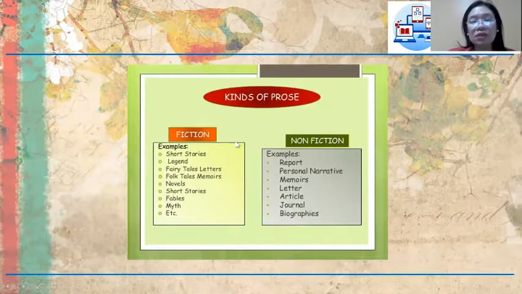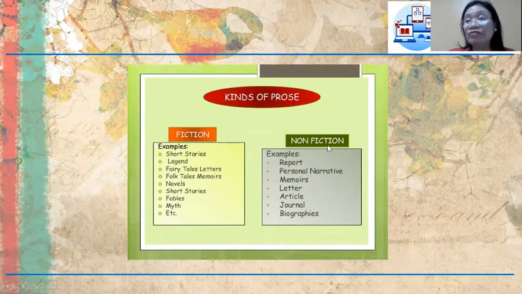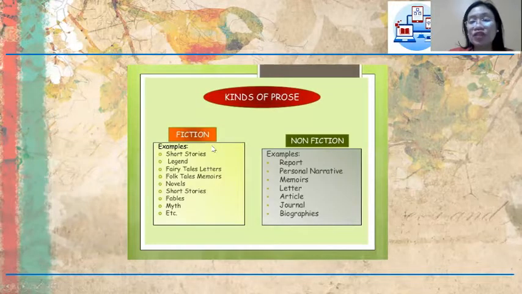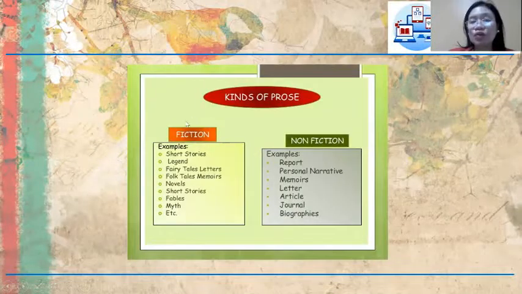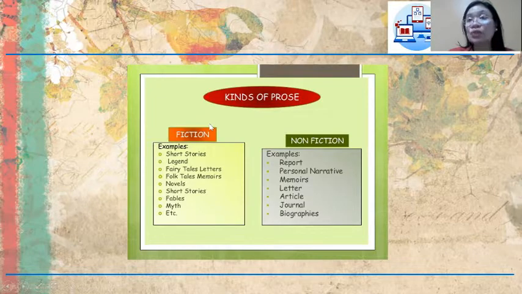Now, prose can be fiction or non-fiction. So what is fiction and what is non-fiction? When you say fiction, this is not true. This is just based on the imagination of the writers.